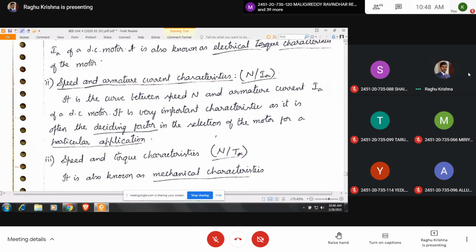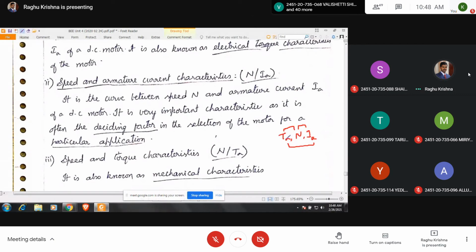The total parameters are torque, speed, Ia. So first you are going to take these two, next you are going to take these two, third you are going to take these two.